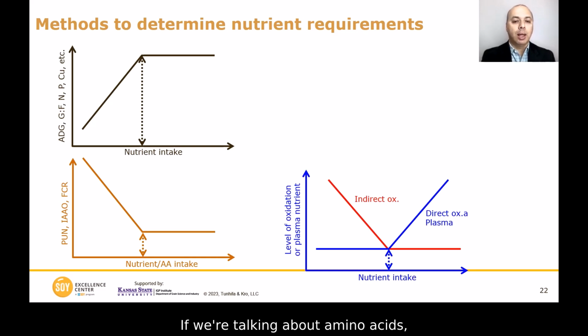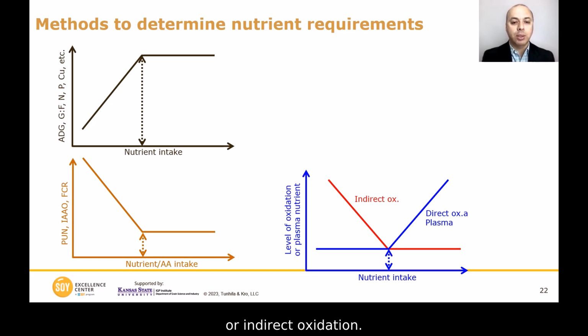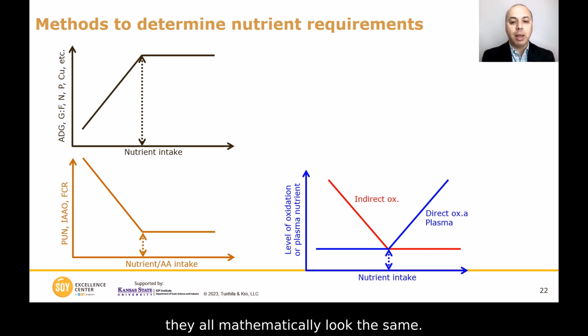If we're talking about amino acids, we can have combinations, whether we're using direct oxidation, direct oxidation in plasma, or indirect oxidation. At the end of the day, if you look at these three graphs, they all look the same mathematically. We have a linear slope, and then we have a slope with a value of zero, a flat line.